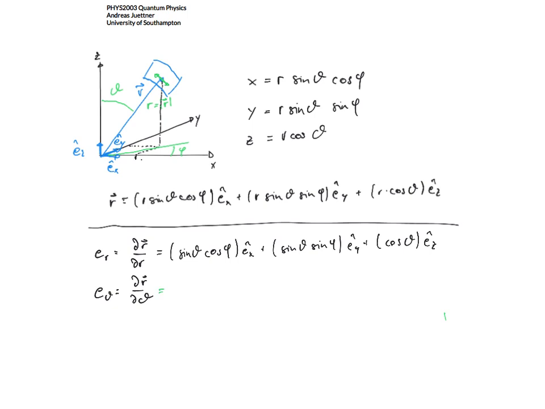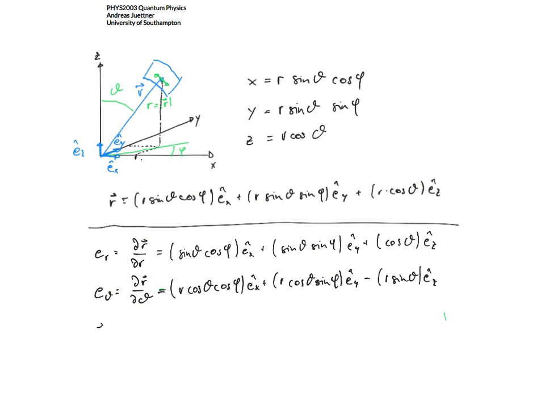So that gives me, taking the derivative of this expression with respect to theta, r times cosine theta cosine phi e x plus r times cosine theta sine phi e y minus r sine theta e hat z.